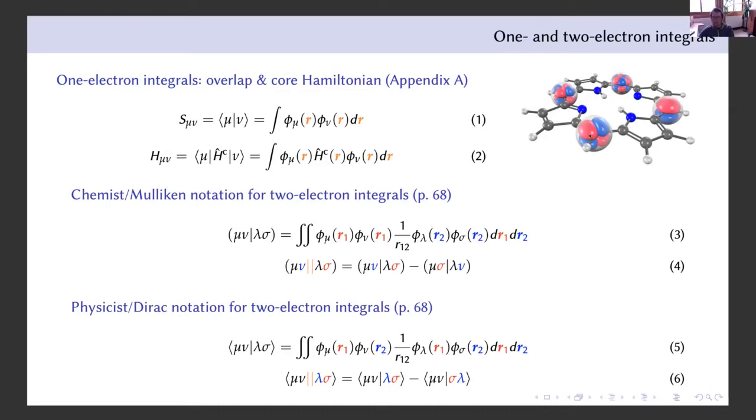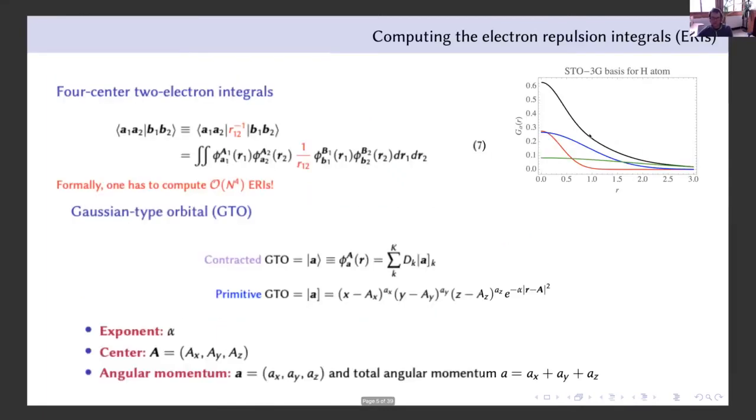That's the most general case. Of course, they can be concentric, all at the same spot, but the most general case is one at each center. It's a very complicated quantity: on paper it looks like a very compact formula, but it's actually very complicated.